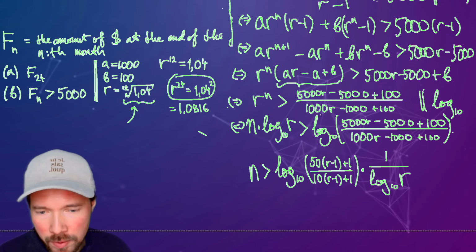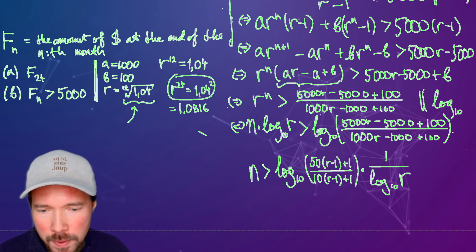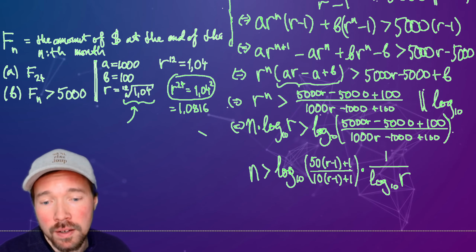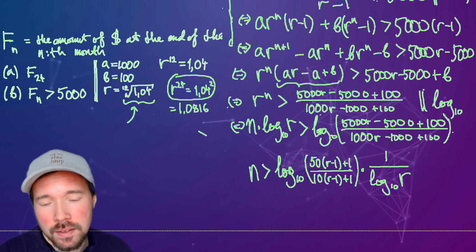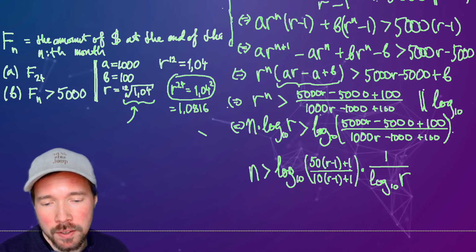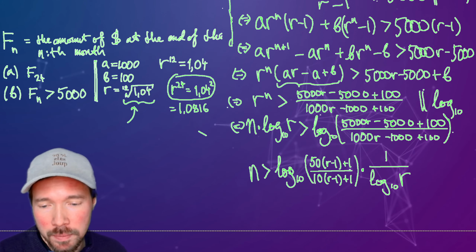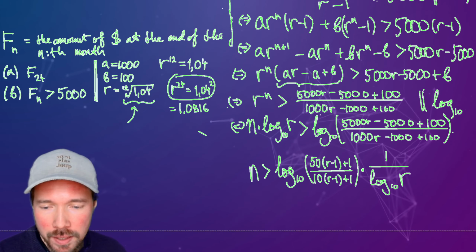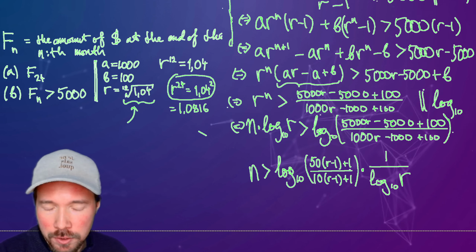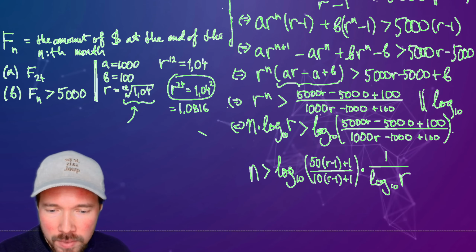Like so. Maybe we could even open the brackets and see what happens. It's going to be 50r minus 49 in the numerator and 10r minus 9 in the denominator, but that doesn't really matter. When you plug it all into the calculator, you're supposed to get the same answer.